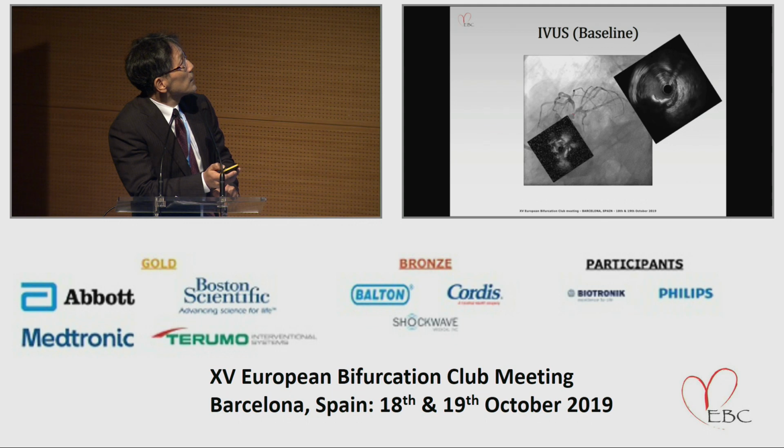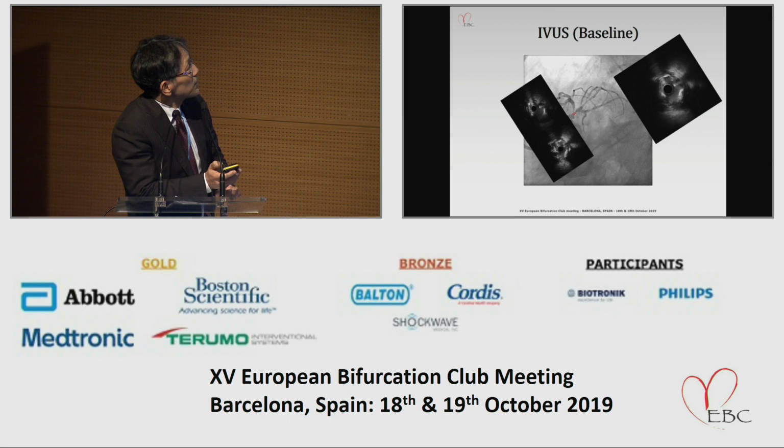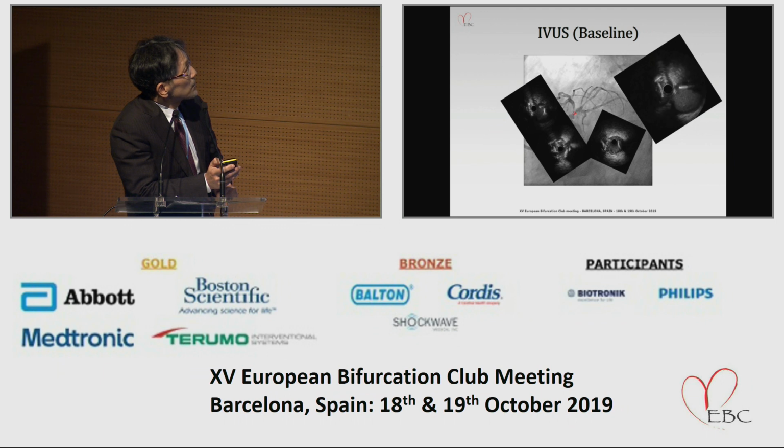In this distal left main, as you can see, the calcium layers sandwiched the region, and then this is the bifurcation region. We can see severe calcified plaque in both vessels, and this is the ostial circumflex.